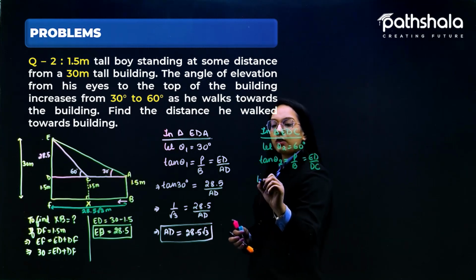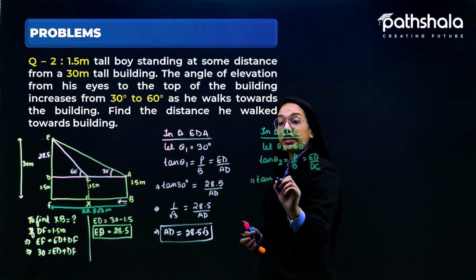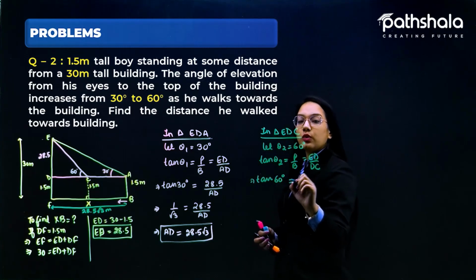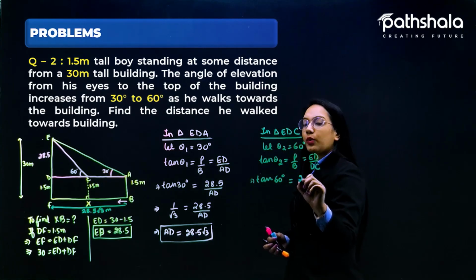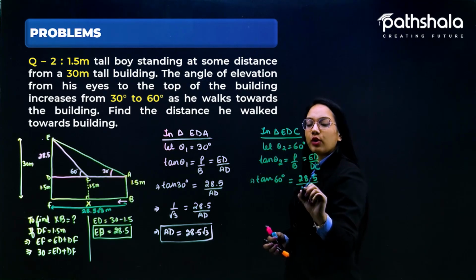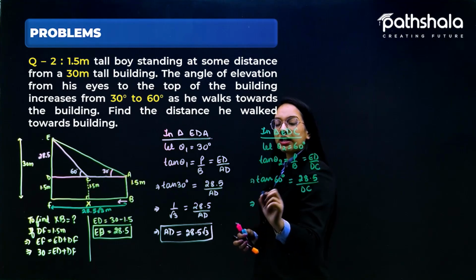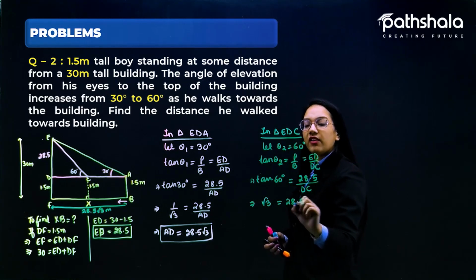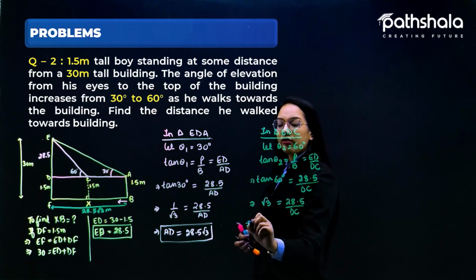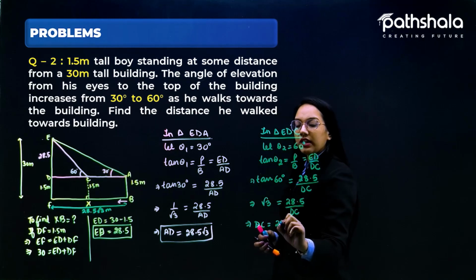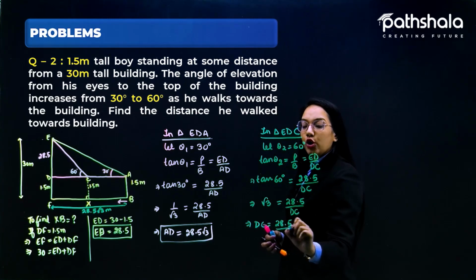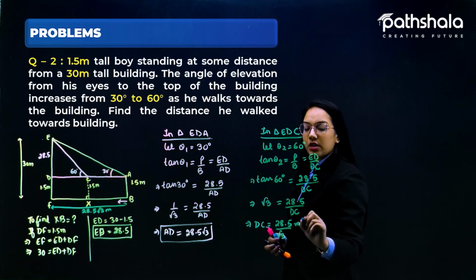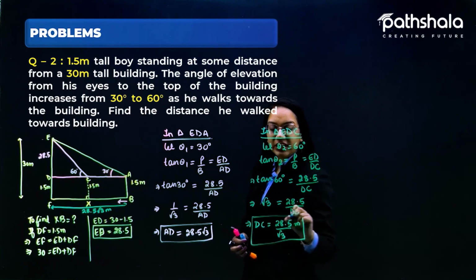Now tangent theta 2 means tangent of 60 degrees, which is equal to ED, and ED is again 28.5, and we have to calculate DC. We know that tangent 60 degrees is root 3, which is equal to 28.5 by DC. Now the value of DC would be 28.5 by root 3 meters. So this is the value of DC.